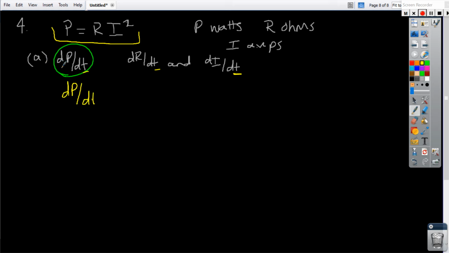So dP dt, because the derivative of P would be 1, multiplied by dP dt. And now the product rule comes into play, so it will be the derivative of the first, which is just dR dt, times the second, I squared, plus the first, which is R, times the derivative of the second, which is 2I dI dt.